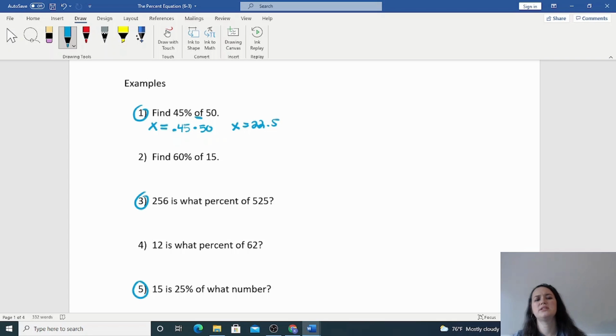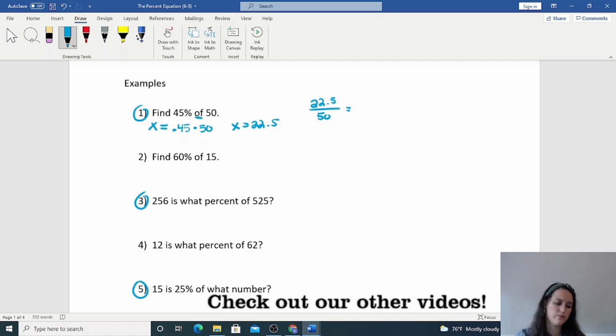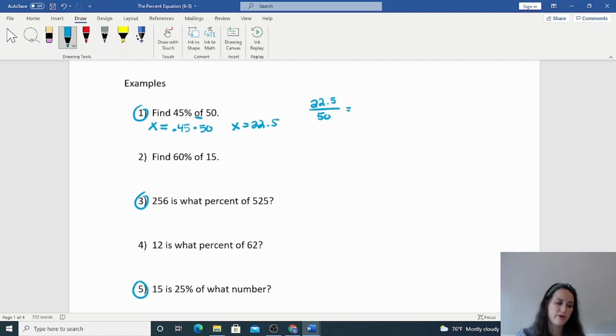Let's see if that makes sense. If I have my part, 22.5, over my whole, 50, and I do 22.5 divided by 50, I get 0.45, which is my percent. If you're not sure why I'm doing that, check out our percent proportion video. So I know my answer is good to go.